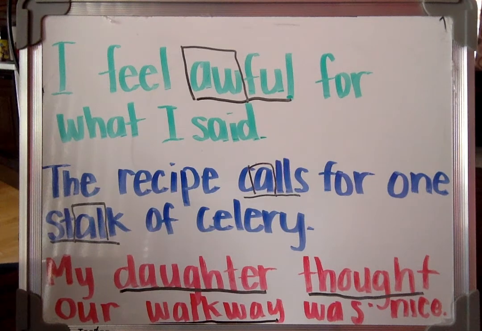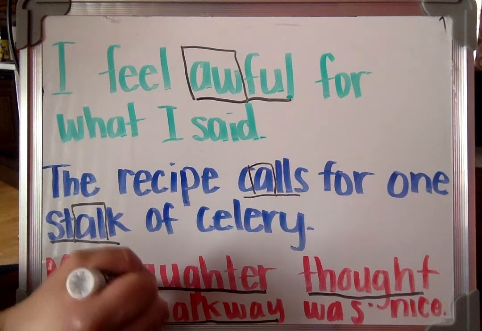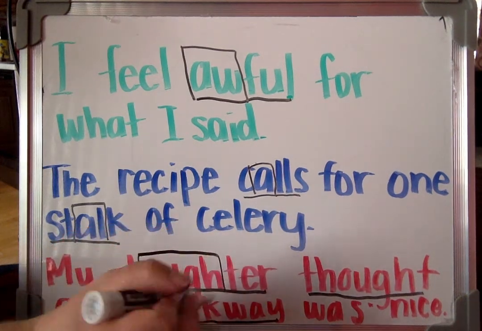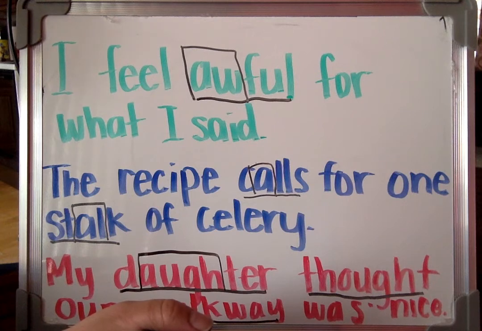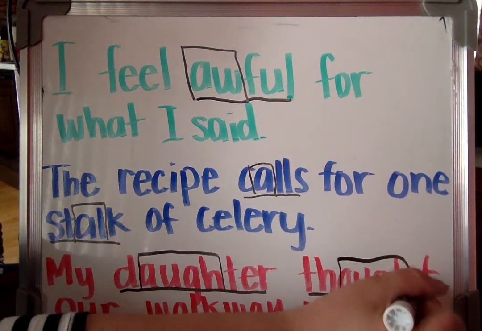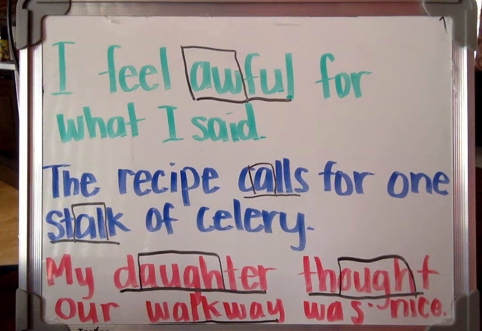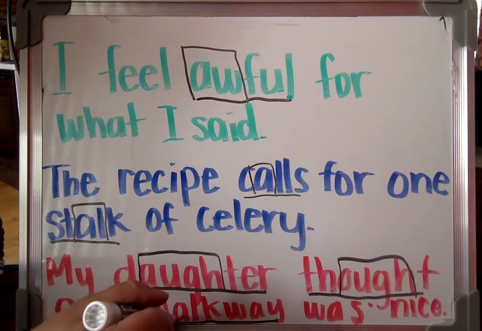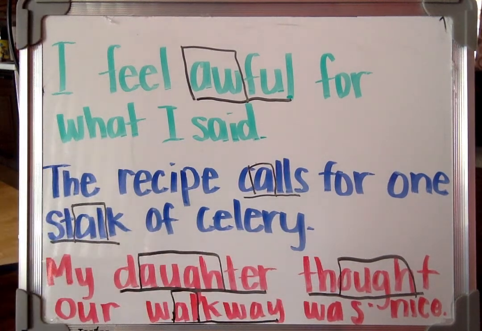Okay, so what would be the spelling of "aw" in daughter? A-U-G-H. Okay, what about thought? That's an O-U-G-H. What about walkway? We have that A-L again. Nice job. All right, great work. That was our phonics practice for today.